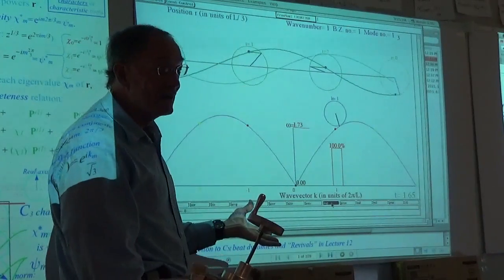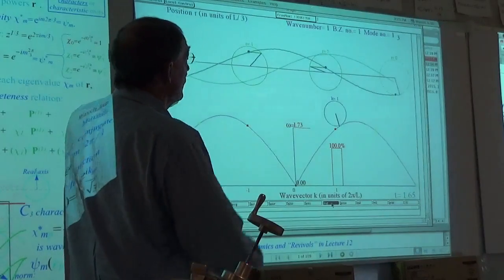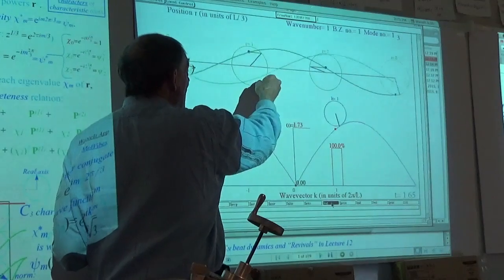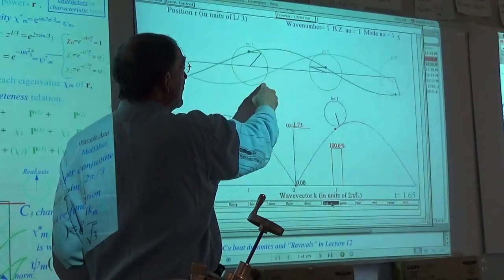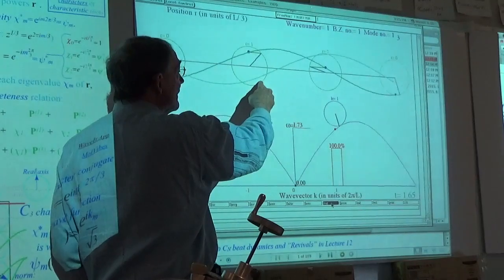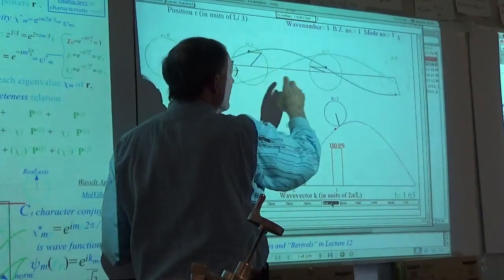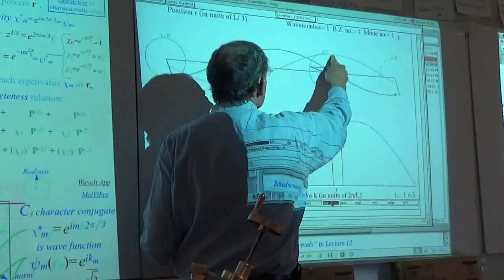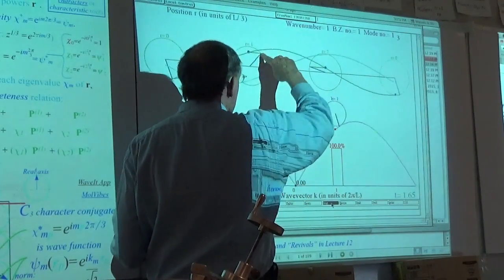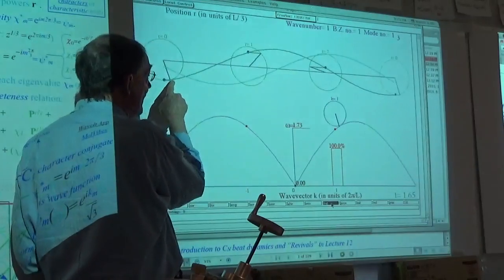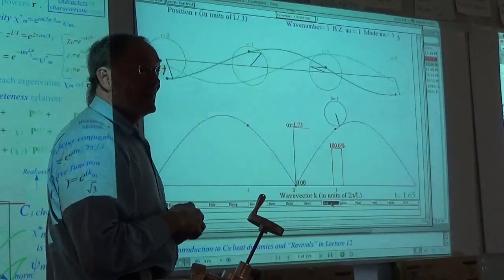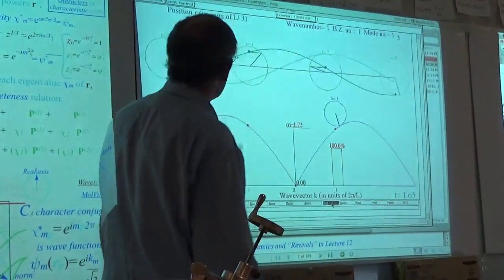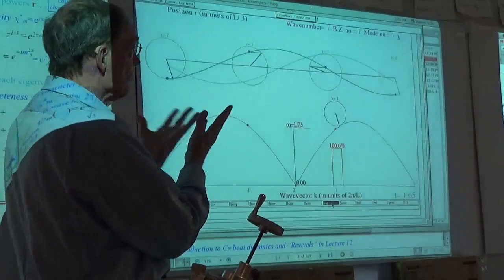When I turn the time back on again, whatever is here is going to be realized here a fraction of a cycle, 1/3 of a cycle later. And then this one is ahead by the same amount of this one. This one still has to get over there, to be this one. And this one has to get down to here to be this one. And so forth, and then this whole thing wraps around. This has to be identical to this one.